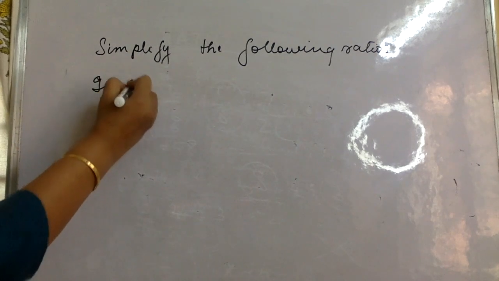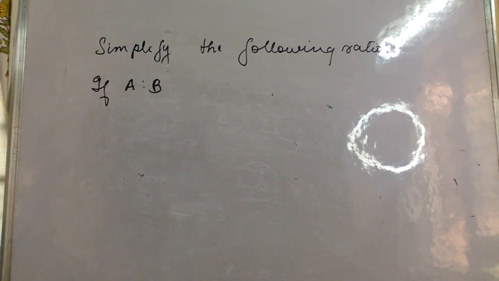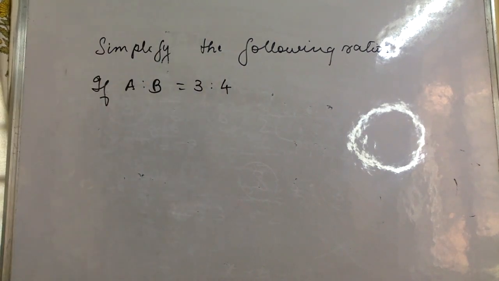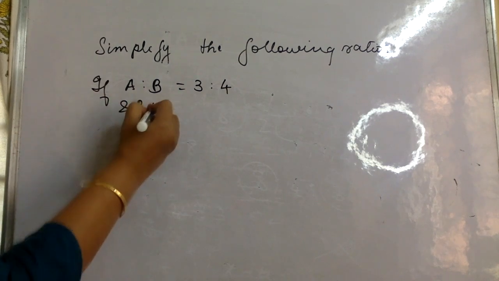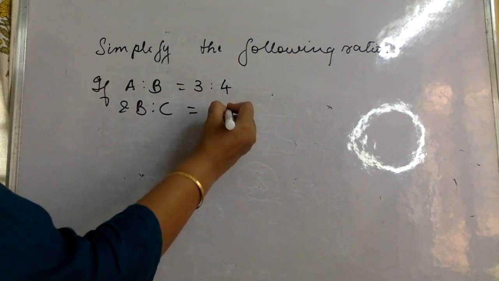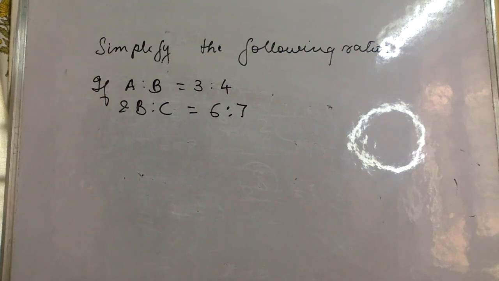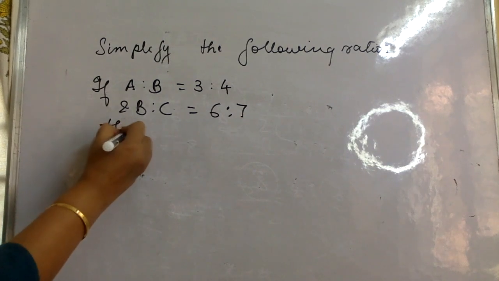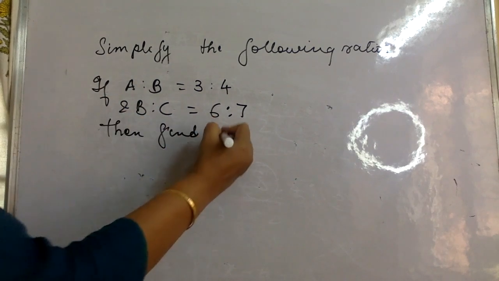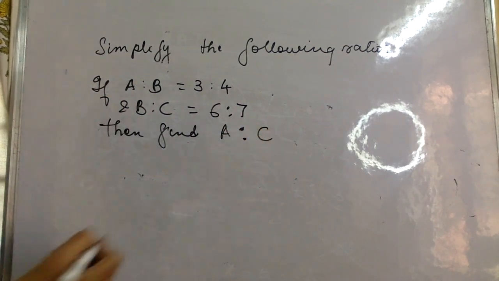If A is to B is equal to 3 is to 4 and B is to C is 6 is to 7, then find A is to C. So this is our new sum.